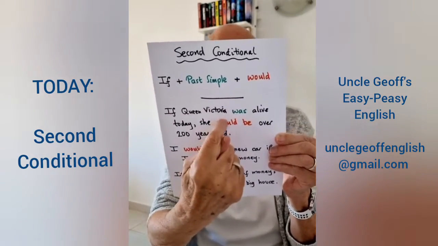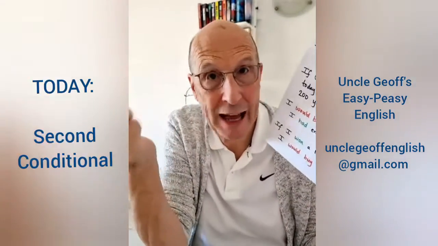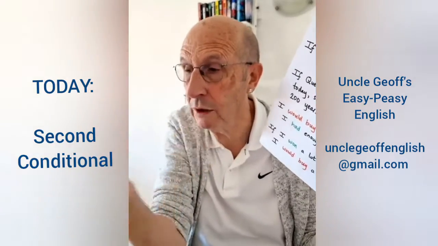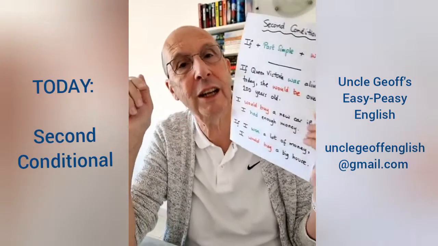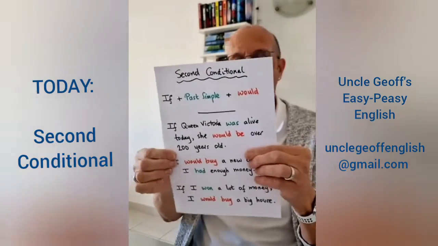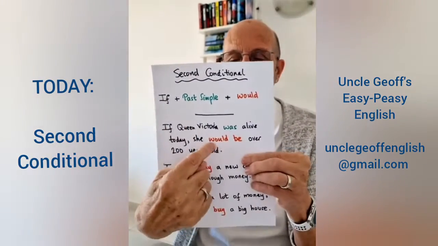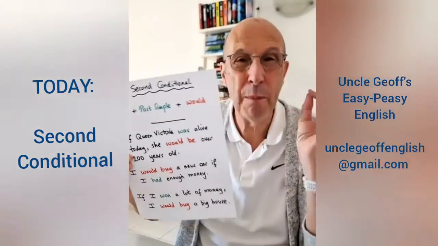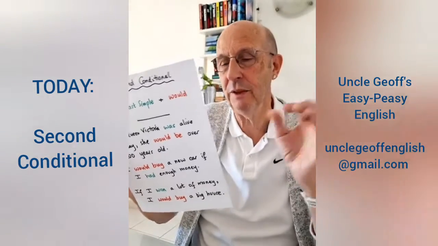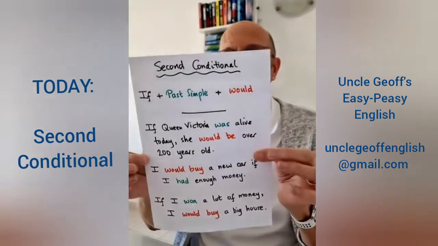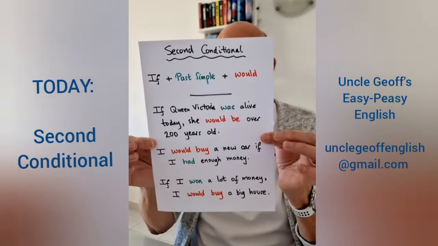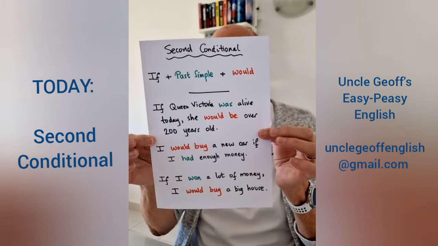You've got would, and after would, you must have an infinitive. It's like with the will sentence. You need an infinitive, yeah? After will, after these auxiliary verbs, the next verb must be infinitive. So be. She would be over 200 years old.